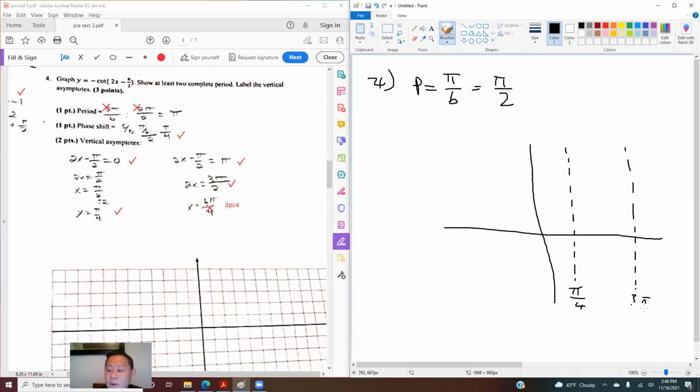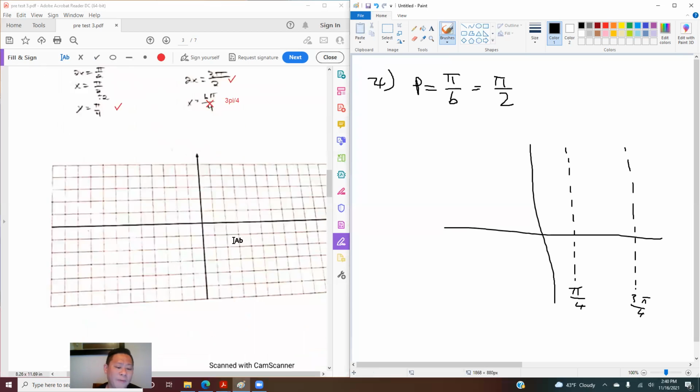I'm going to use this graph paper and do a little dot for the asymptotes. So this is pi over 4, and 3 pi over 4 is right here.